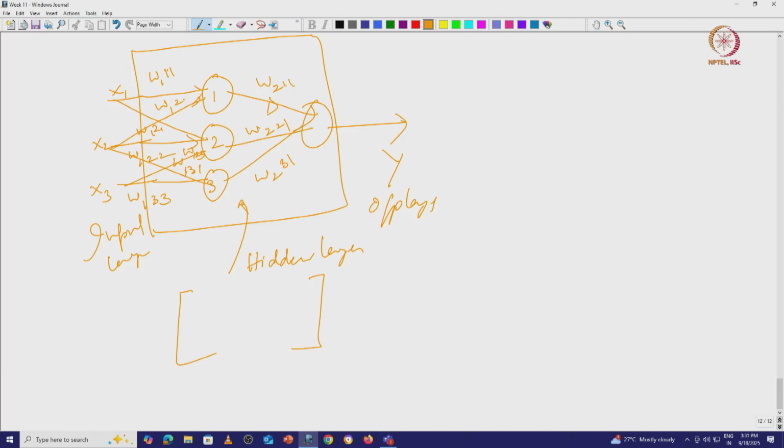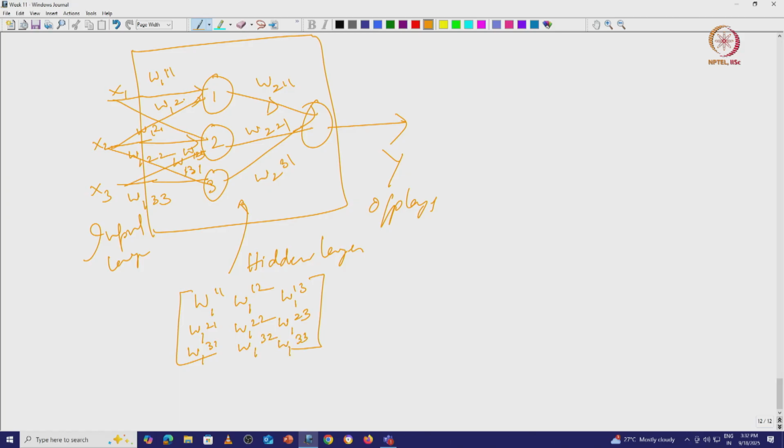So, the first layer hidden layer weights from input to hidden layer will be W111, W112, W113, W121, W122, W123, W131, W132, W133.